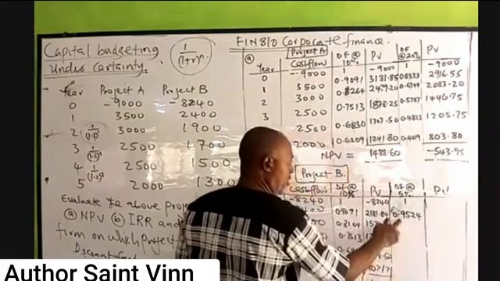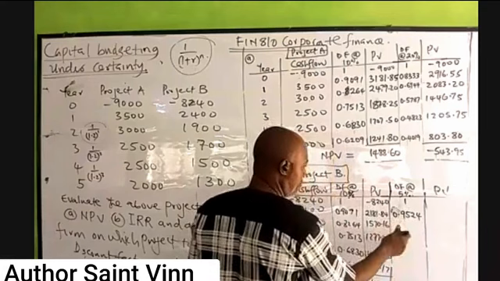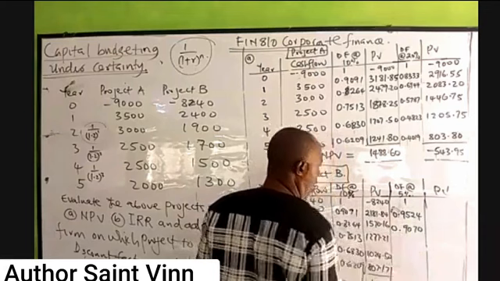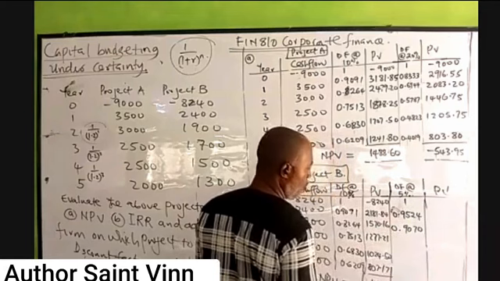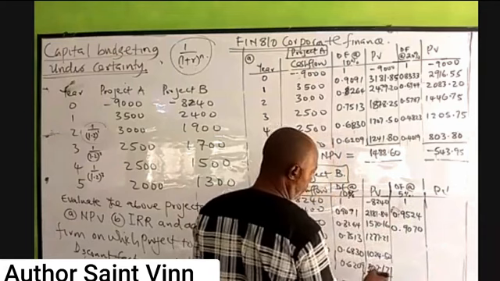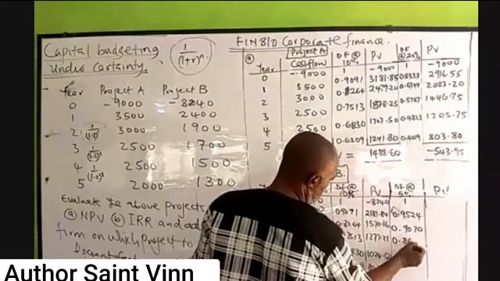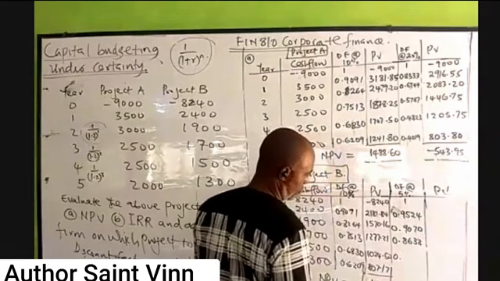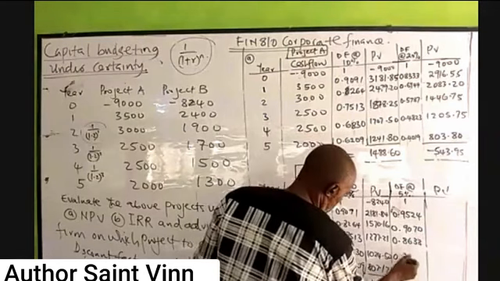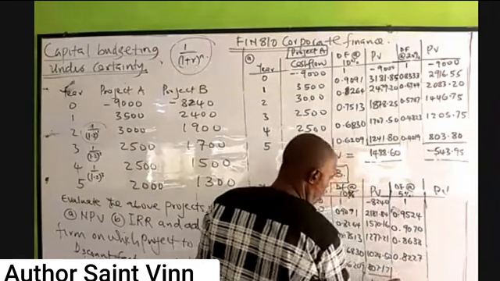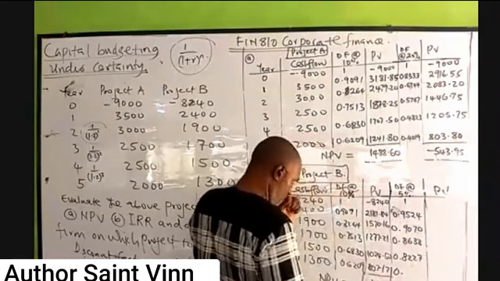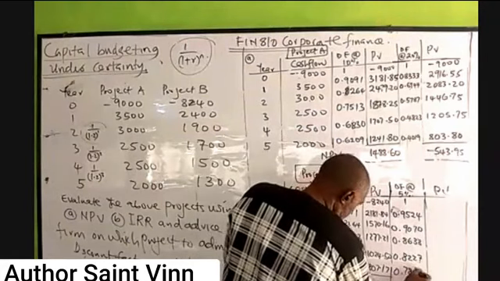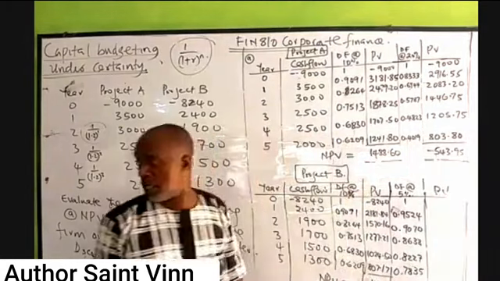Divide this one also by 1.05: 0.9070. Divide the next one by 1.05, and again by 1.05: 0.8227. Divide again: 0.7835. Is it clear?